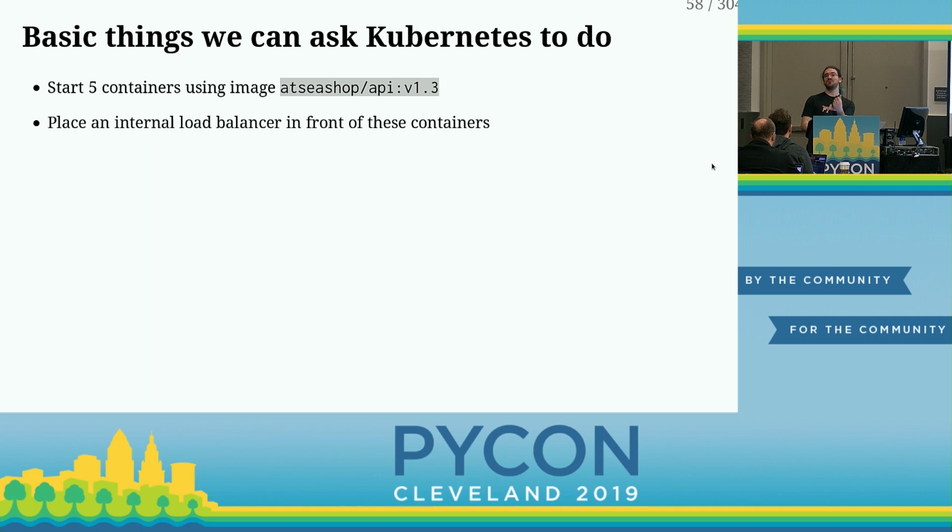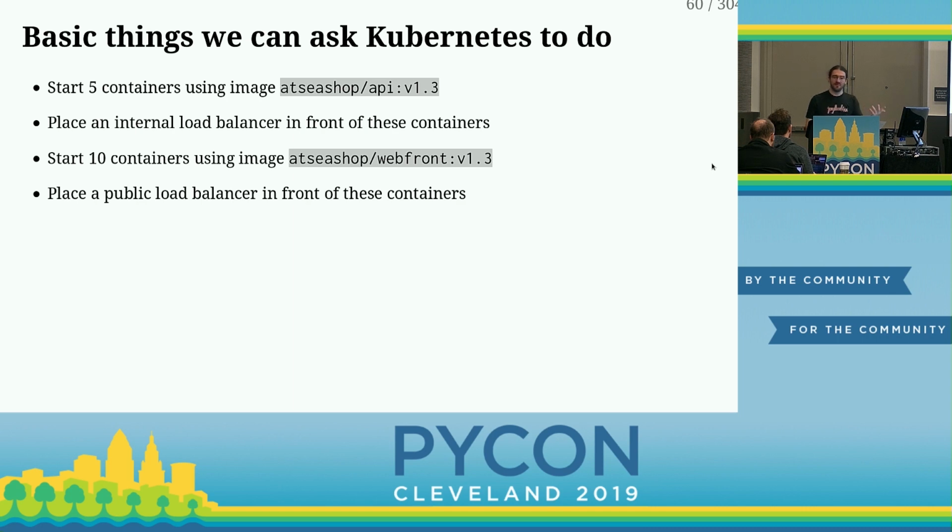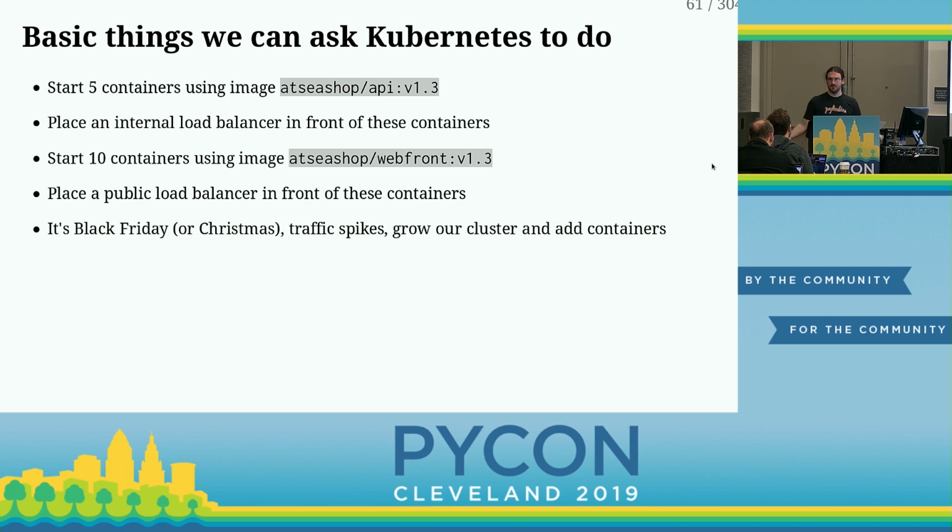Then I want to deploy a bunch of containers for the web front end, with a load balancer, but a public one this time. And then, since I'm doing e-commerce and it's either Black Friday or Christmas, I need many more containers to deal with the spike of traffic. So I want to be able to really easily scale up, add more nodes to the cluster, add more containers.